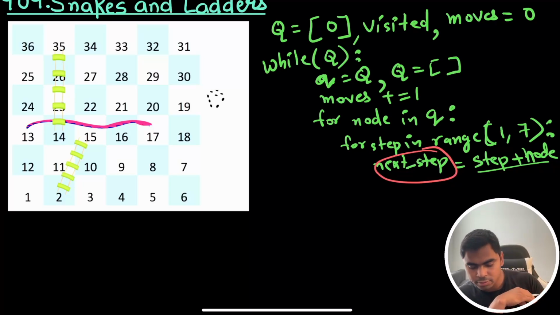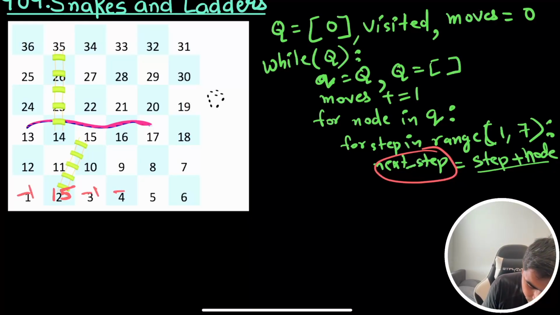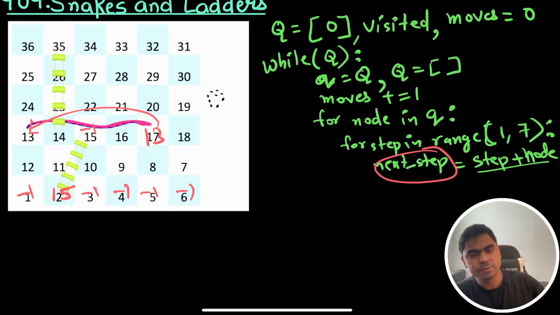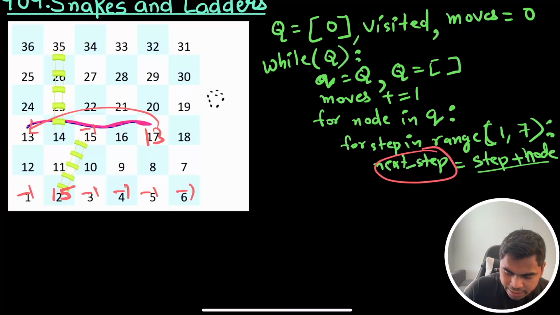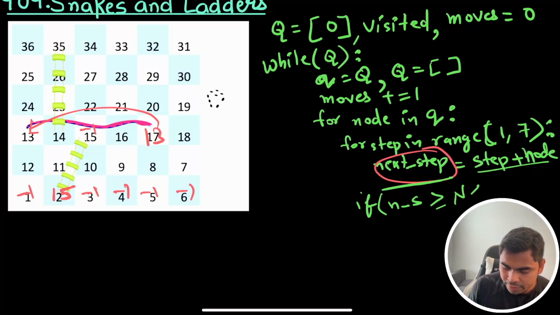So let's say at this position the value present was 15, rest everywhere else was -1, and here it was -1, but here it was 13, because it brings you back to 13. So not always are we going to have -1 there, so we'll have a check, as you can see here. First things first, this should not go out of bounds, so we'll check if next step, which I'll call ns, is greater than or equal to n cross n.